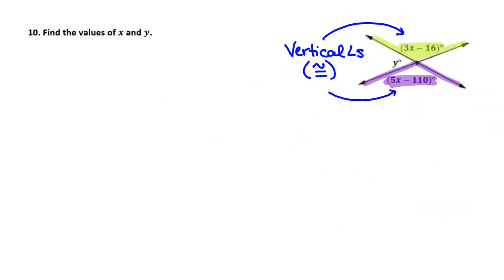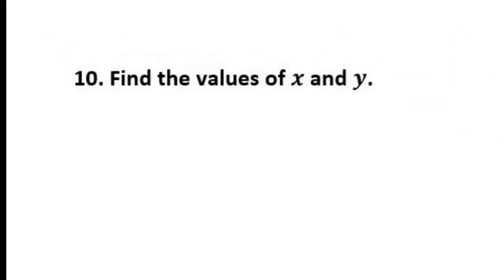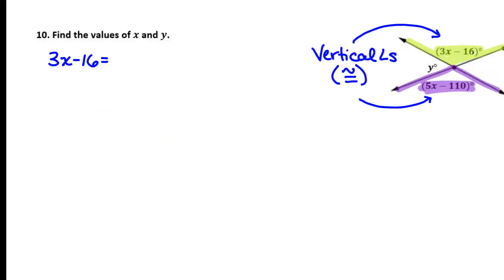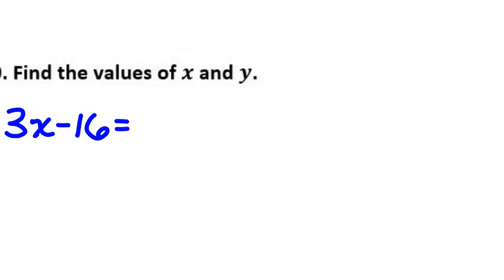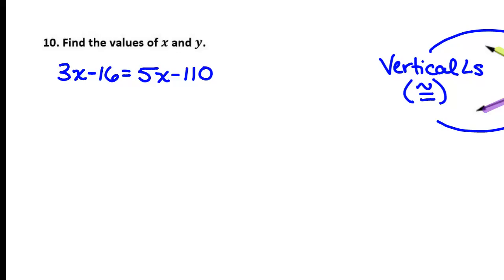And what do we do with congruent things? Congruent means they are the same size. What do we do with things that are the same? Set them equal, yes. So 3x minus 16 is equal to 5x minus 110. And now we're going to solve this for x.